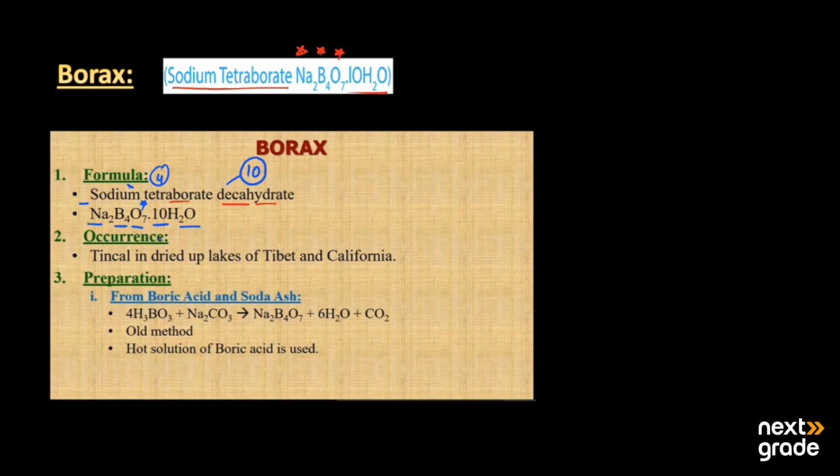It is also known as tetraboric acid. Borax is mainly known as the sodium salt of tetraboric acid. Why is it called tetraboric acid? Because it has 4 boron atoms in its formula.